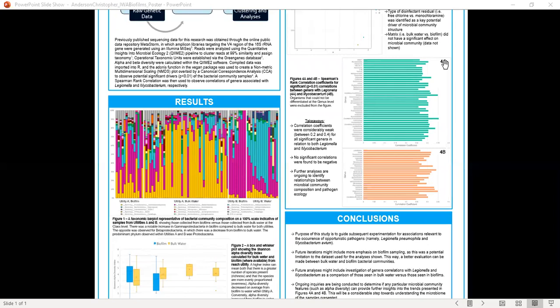Because ideally, in a drinking water system, if you could find a genera or a specific type of bacteria that would be almost a preventative measure against an opportunistic pathogen genera such as Legionella, then you could interpret that in a way where you might want to stimulate the growth of that specific genera that could help prevent a pathogen like Legionella pneumophila in the case of switching a water source, maybe like what happened in Flint, Michigan.